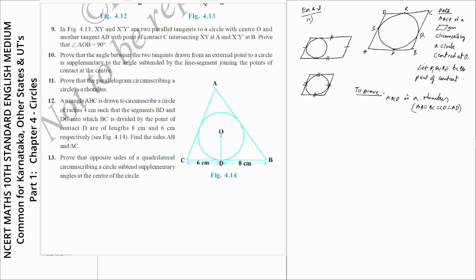It's already known, since in the question itself they have told it's a parallelogram, that opposite sides are parallel to one another. And if I prove that all the sides are equal in length, then this is a rhombus. So, proof.